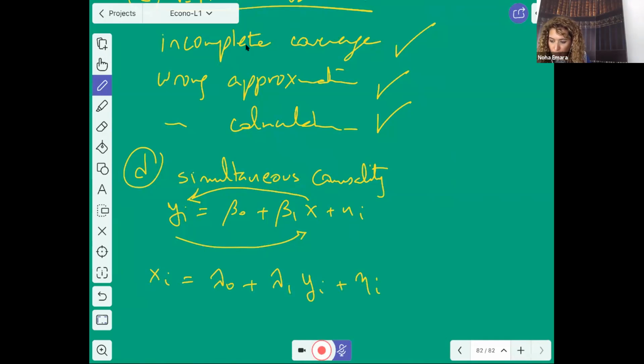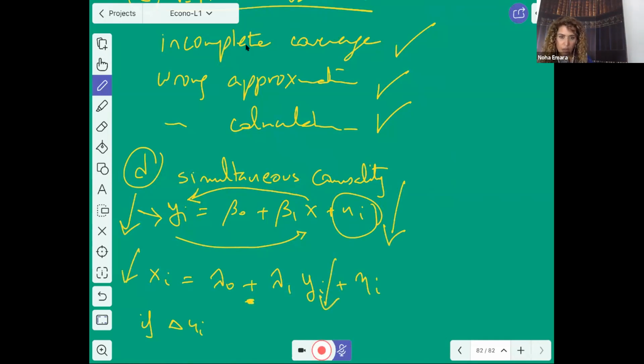So if I do have any changes in ui, any shock, like bad weather, it would affect my agricultural production. So if I have bad weather, a negative shock, it decreases y. If y decreases, then x, if this is positive, then x also is going to decrease.